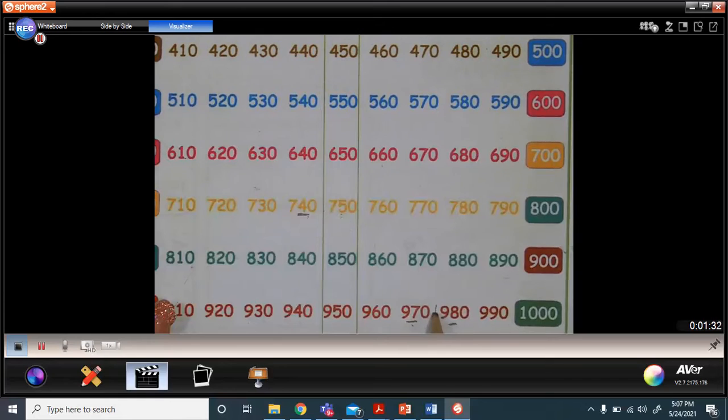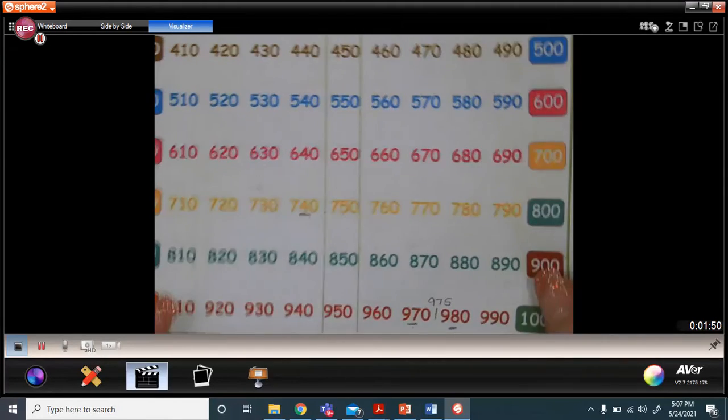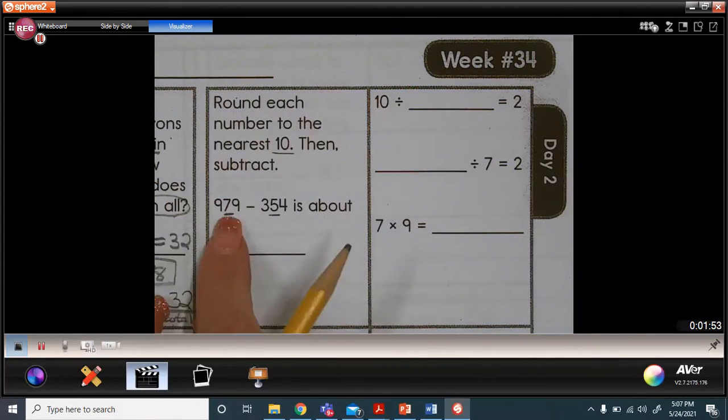Now, think about what's right down the middle of 970 and 980. Right, 5 is always going to be in the middle of our two tens. So, 975 is in the middle of 970 and 980. So now, if I take a look at 979, which 10 is 979 closest to?